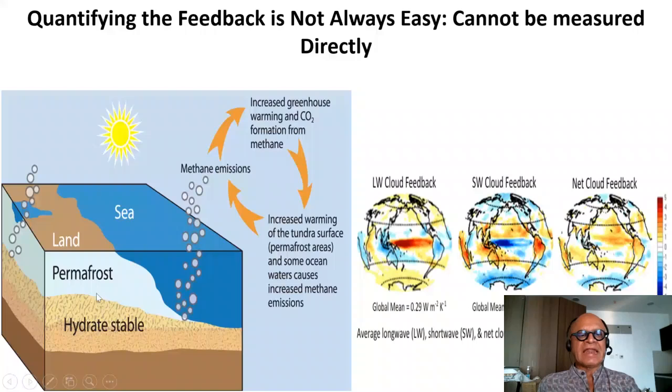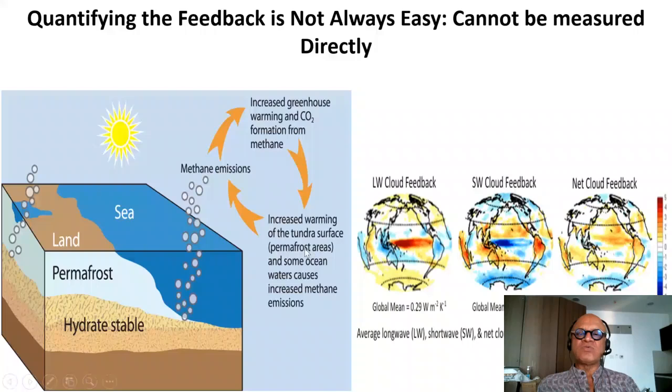There are methane clathrates and permafrost and other land processes which affect carbon fluxes, albedos, carbon cycle, so concentration carbon and carbon climate feedbacks. They can increase greenhouse warming and CO2 formation from methane if there is a perturbation of these hydrates. We will see whether that's going to be a candidate in the 21st century, for example.